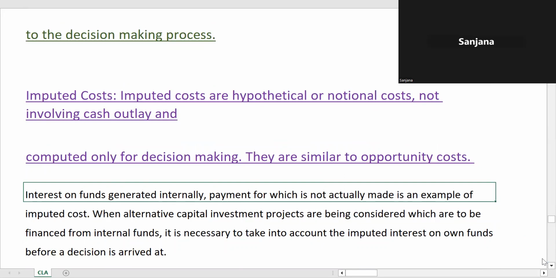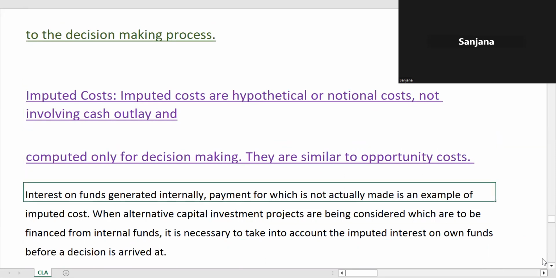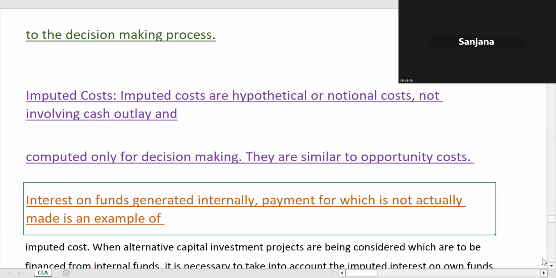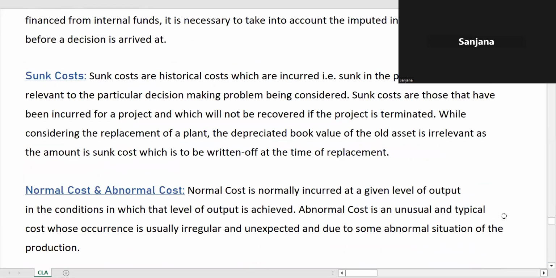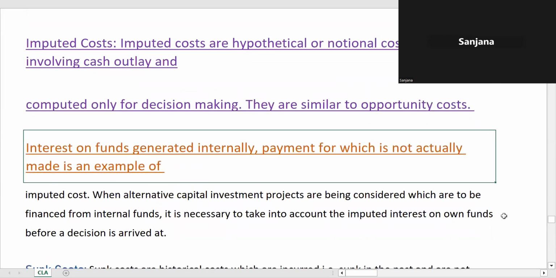These are notional costs, that is, you are not paying it to anyone. It is only a notional cost which you have to consider for decision making. For example, interest on funds generated internally, payment for which is not actually made.